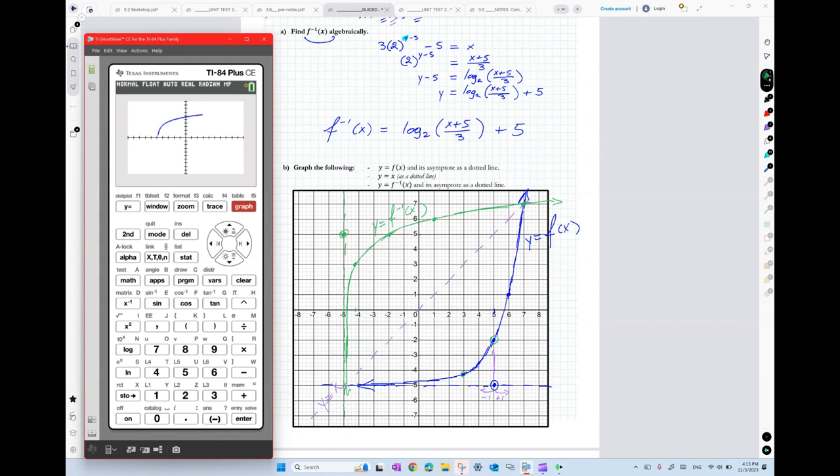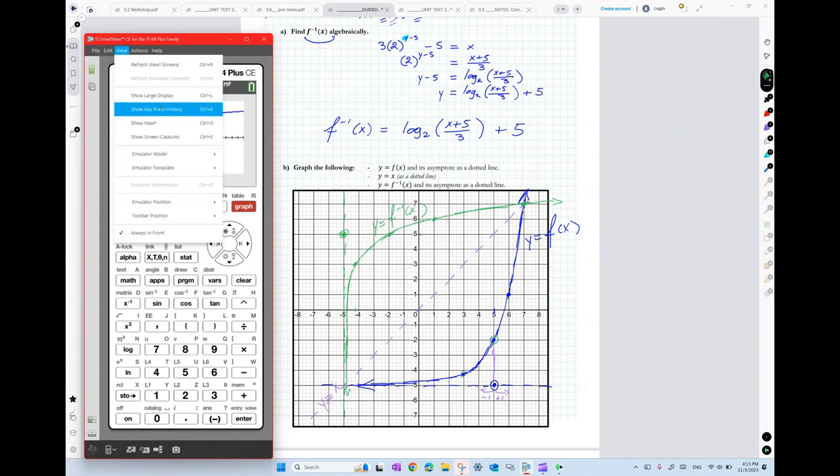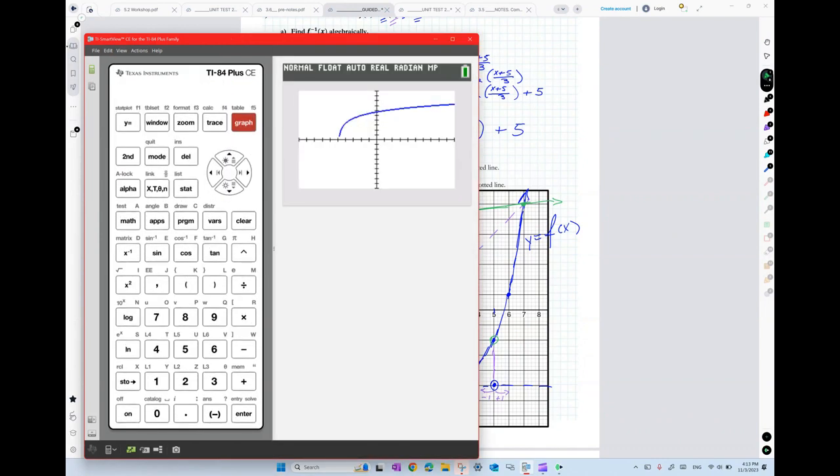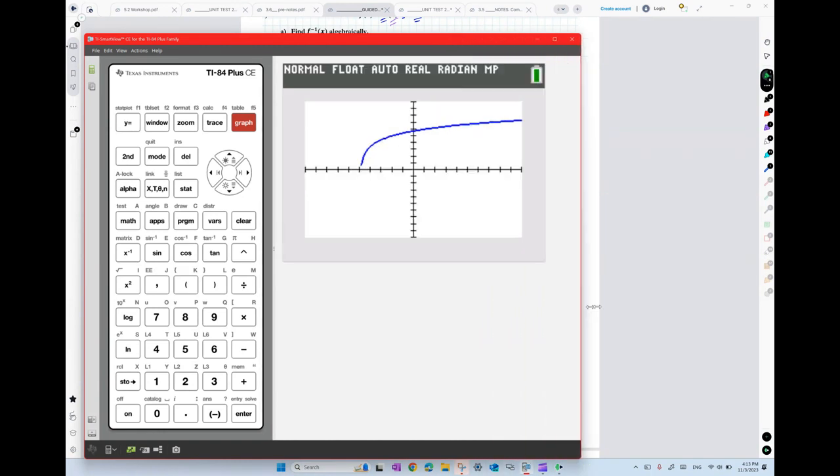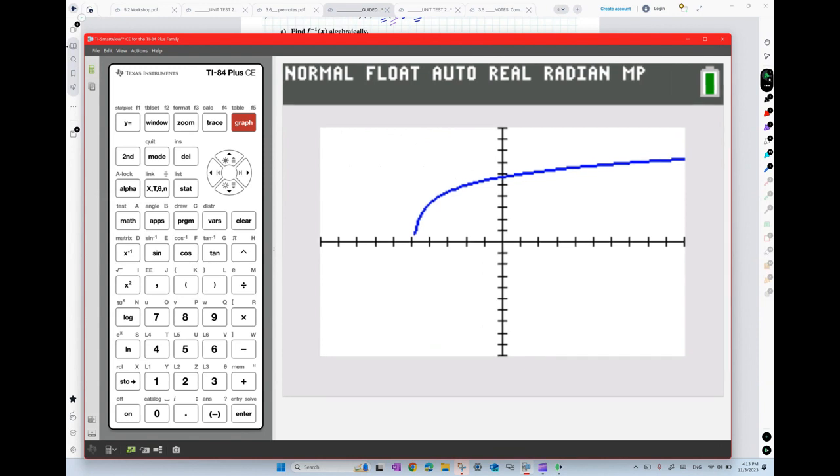And if I graph it, let me give you the large display. You can see that it fits.